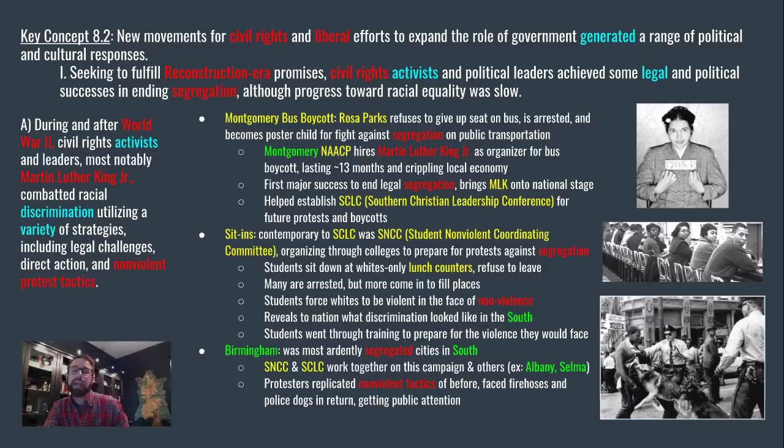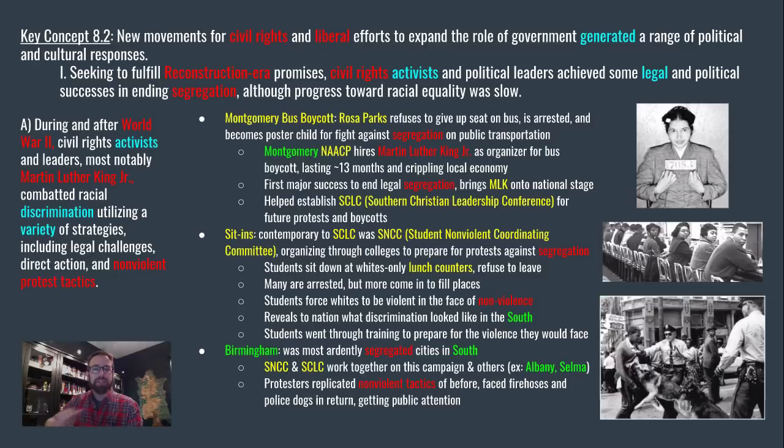But what happened instead is a lot of these other places weren't as extreme in their tactics against the civil rights protesters. Birmingham was, and these protesters faced fire hoses. We're talking about hoses that are meant to shoot water a huge distance, that have huge amounts of PSI, which means when it hits you, it's going to cause you to have your skin ripped, to have bruises and internal bleeding.